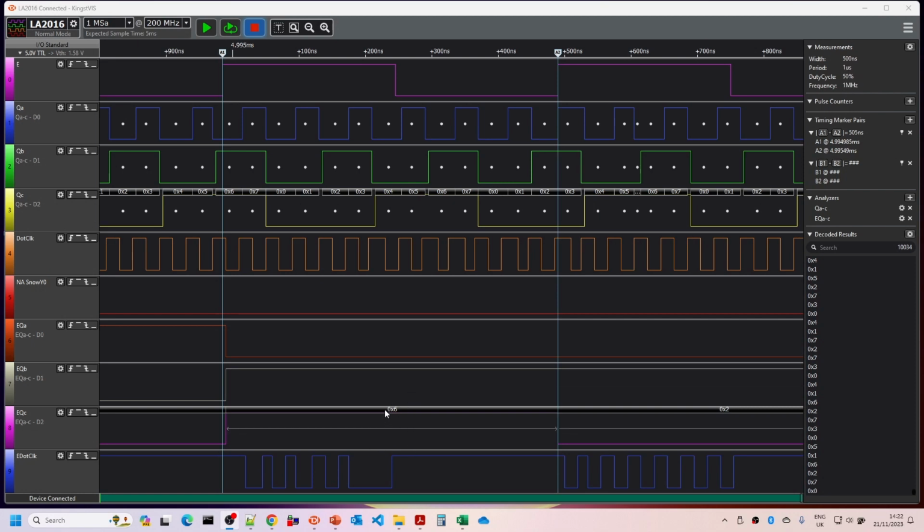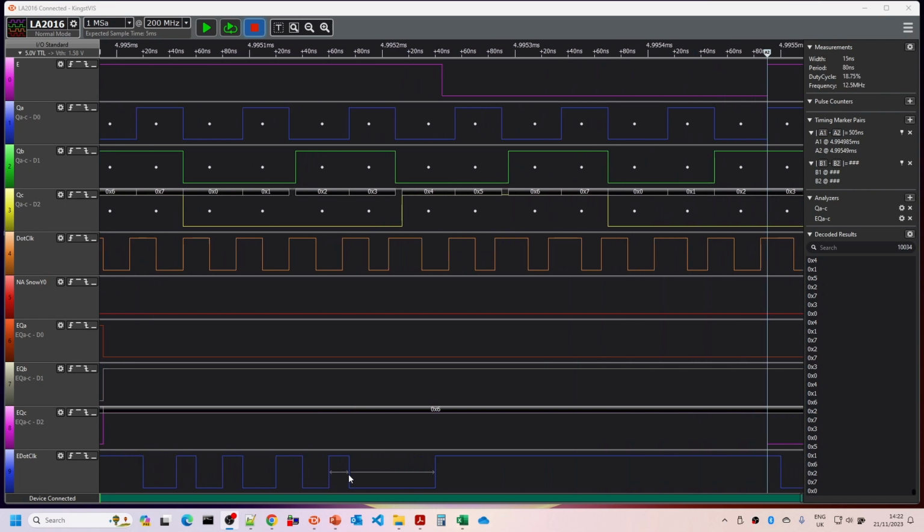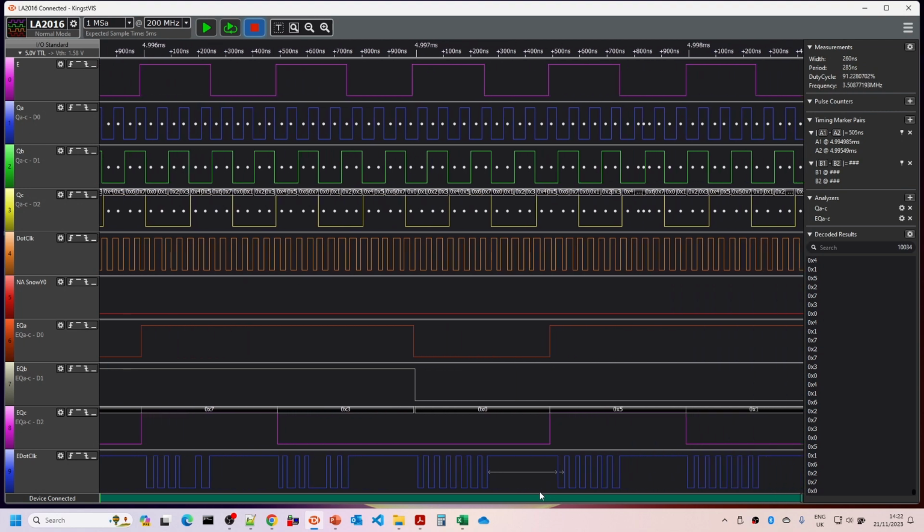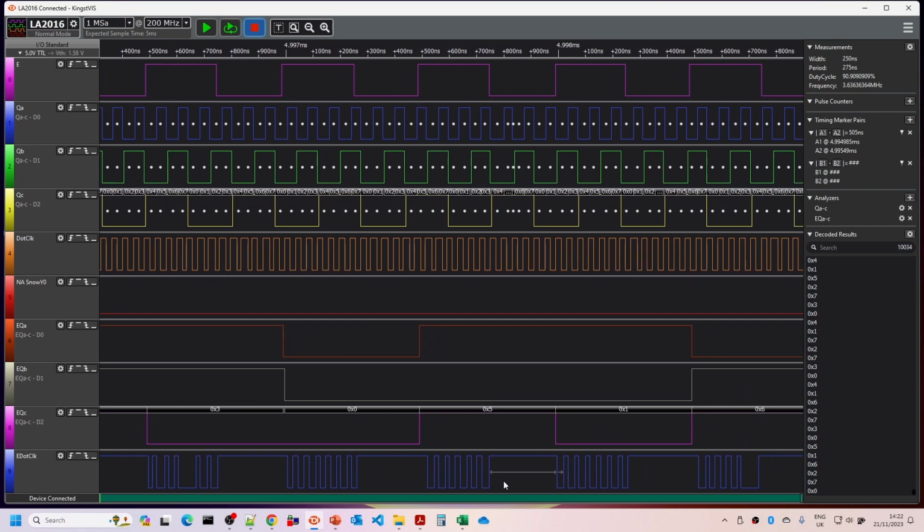So this part seems to be working okay, and then if we also look down the bottom here, we can also see the E dot clock, and that's basically the dot clock ANDed with the E signal. We've got a situation where I think the cables might need to be shortened and might need a bit of a boost, because I'm taking some of these signals from quite a long way away from the actual source of the clock.